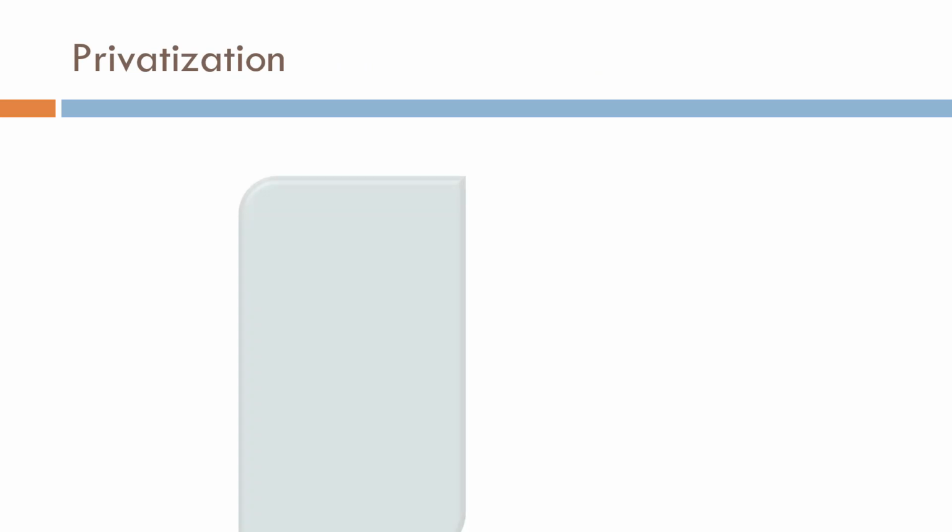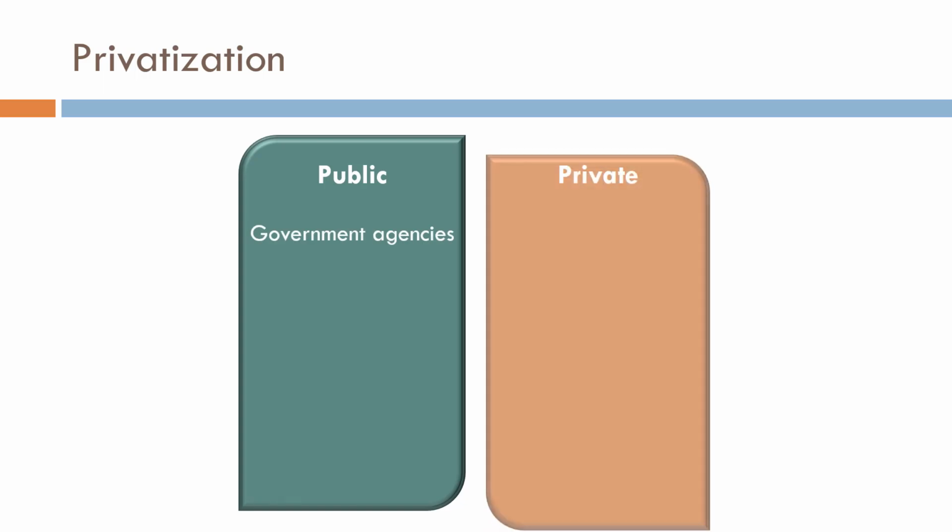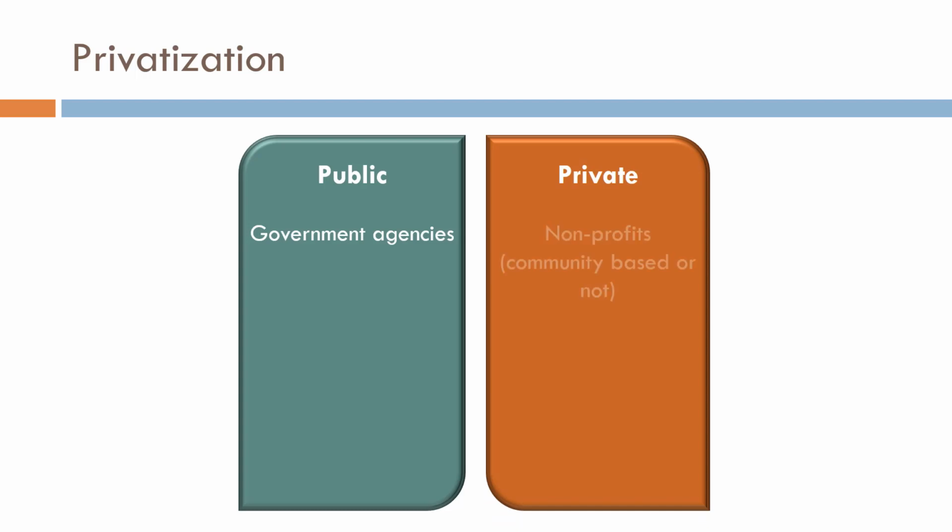Okay, another choice involves this issue of privatization, which is the choice between having a public entity administer the services, in which case we're talking about government agencies, or private, which are nonprofits, and these can be community-based or not, and also for-profits.